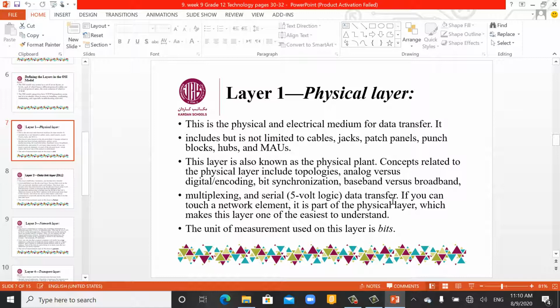And here, if we talk about layer 1 or physical layer, it's very important.